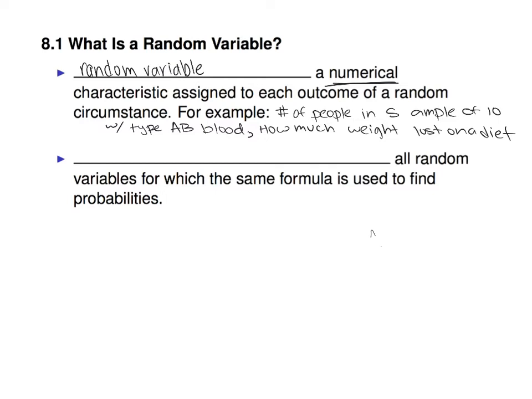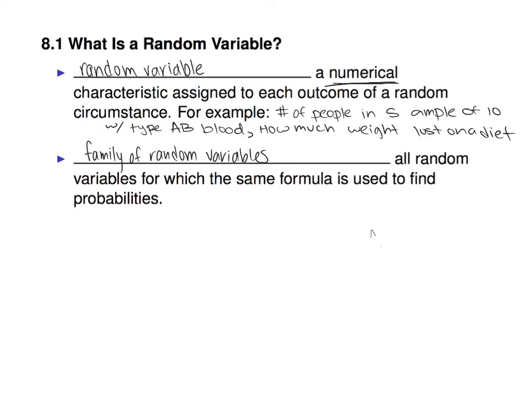Okay, and a family of random variables are all random variables for which the same formula is used to find probabilities. And once you know your random variable is in this family, you can then apply some general principles you know about that family.